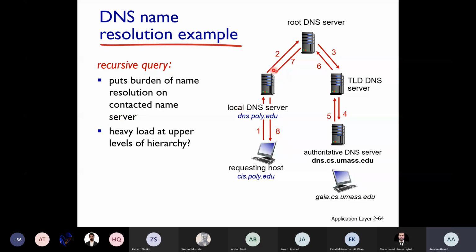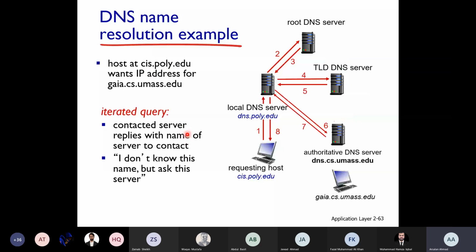It's on the contacted name server, and there will be heavy load at the upper levels of hierarchy. Let me ask you first of all, how do you see that there is a heavy load at the upper level of hierarchy? Can you see that heavy load in these two figures, in these two diagrams?